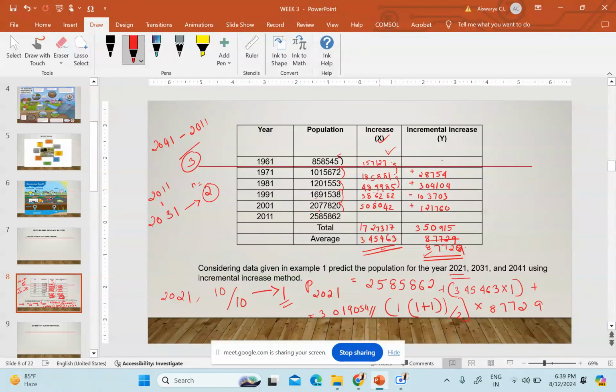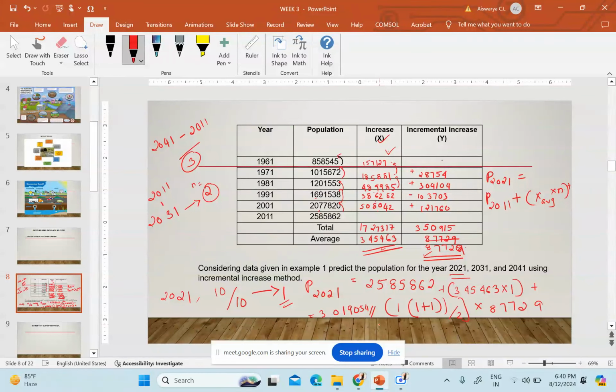I'm just writing the formula, so you can easily understand this. You have to calculate the 2021 number of people. Take the last known value, the 2011 value, and add the value x average that you have calculated, multiplied with the number of decades.